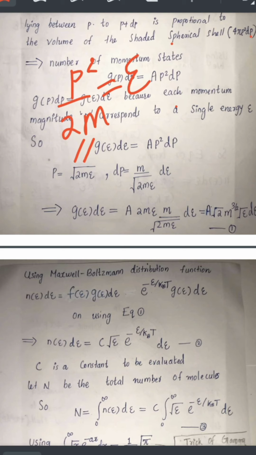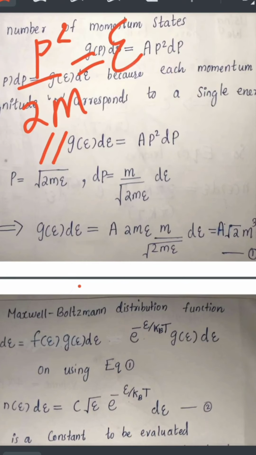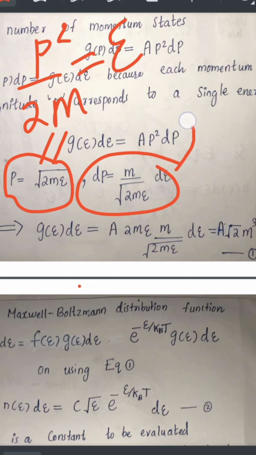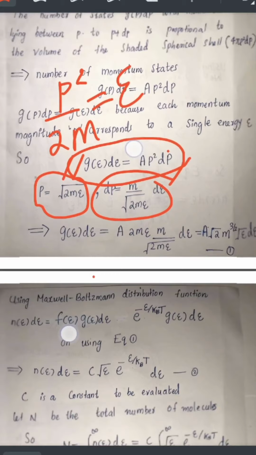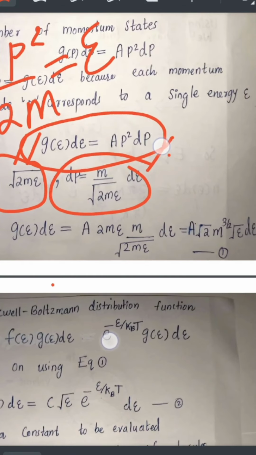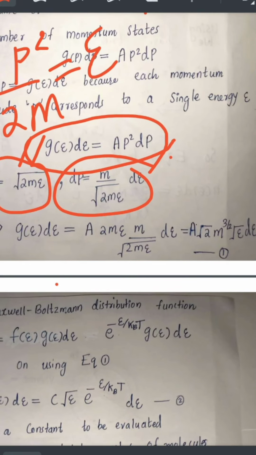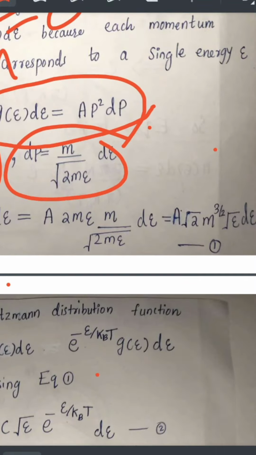On substituting this value of p and this value of dp in this equation for g of epsilon d epsilon, it gives A times 2m epsilon times m over root 2m epsilon d epsilon.